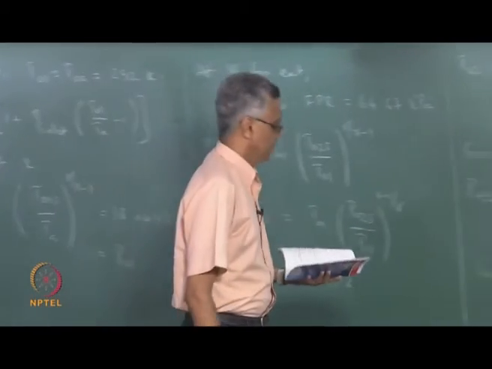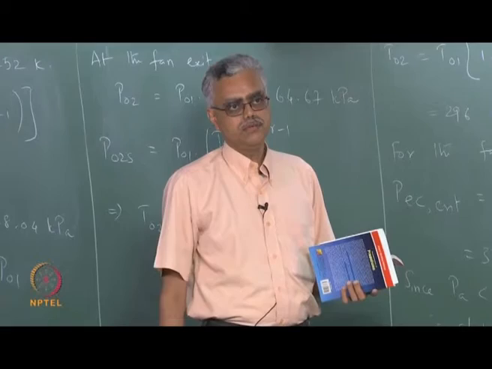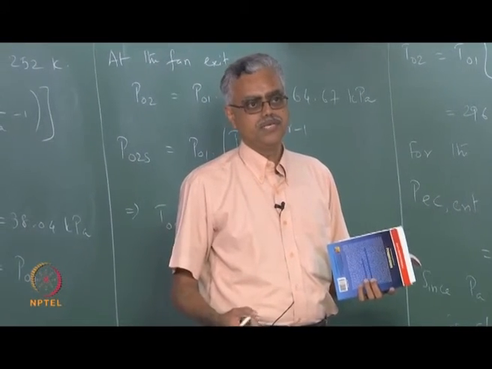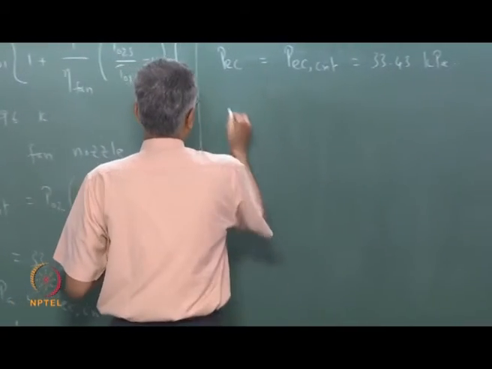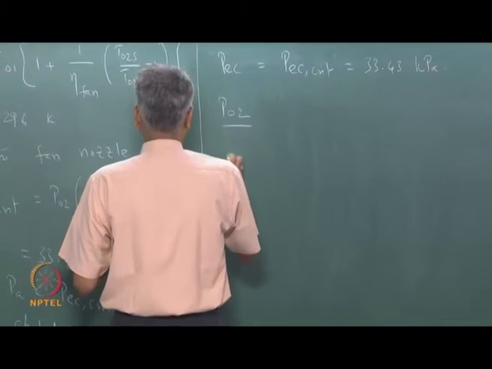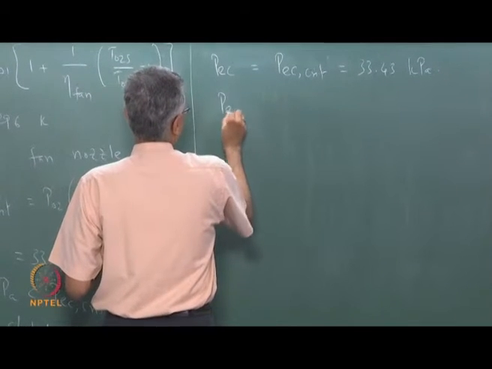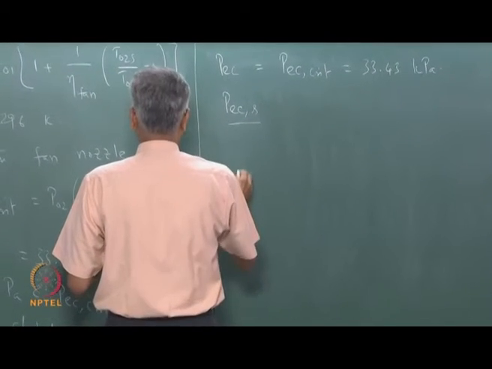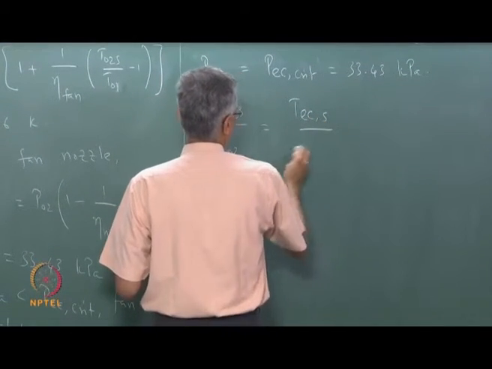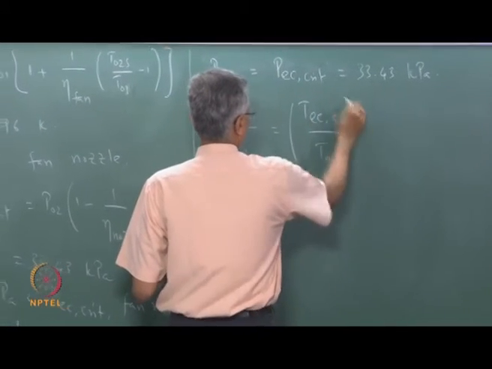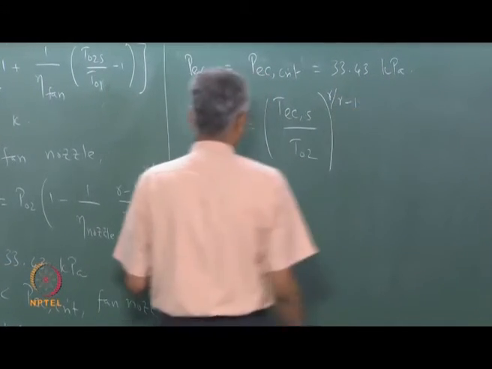So I know the exit static pressure, I need to calculate the exit velocity, correct? I calculate the exit velocity by making use of the fact that PEC isentropic is equal to PEC. Both of those states lie on the same isobar. So I can use the following relationship: PEC for an isentropic process divided by P02 is equal to (TECS divided by T02) raised to the power gamma over gamma minus 1.